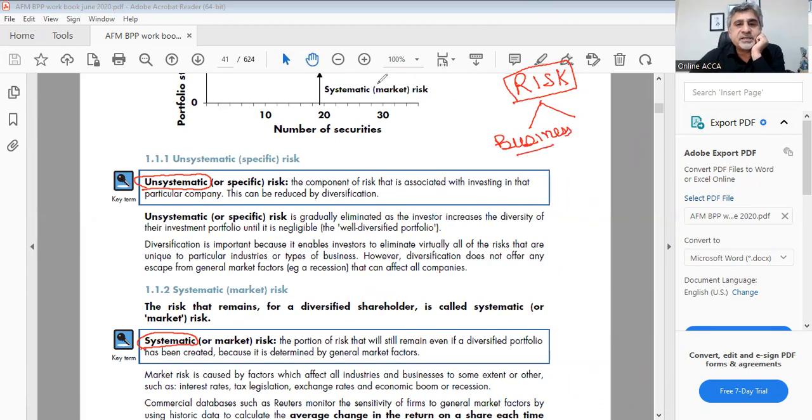For example, some businesses are considered high risk and some are considered low risk. I would say that a restaurant business is a high risk business as compared to a supermarket, because supermarkets have very stable sales. Market goes up, market goes down, but their sales continue. Restaurants have a different perspective.